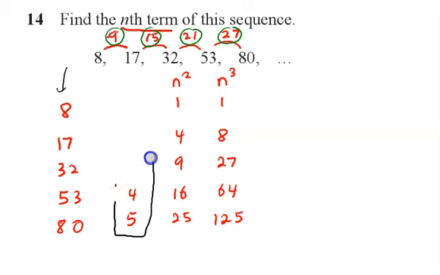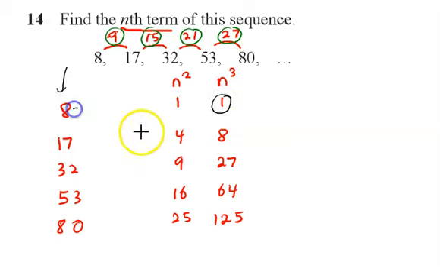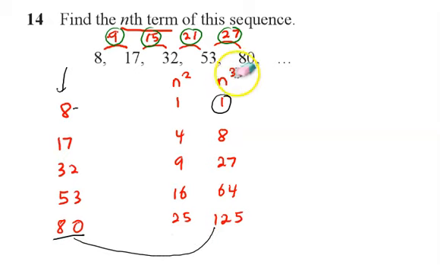Now let us try with n square, or maybe we can try with the n cube here. So if you notice the difference between 1 and 8, and each number here, the difference is increasing, especially this. So we don't see a pattern over here.